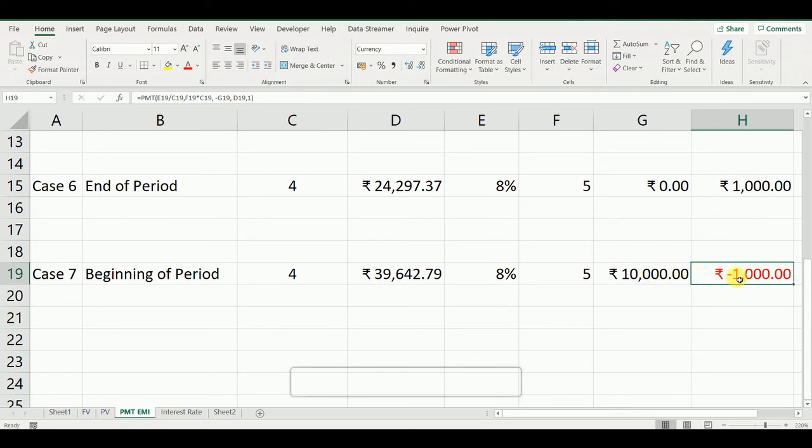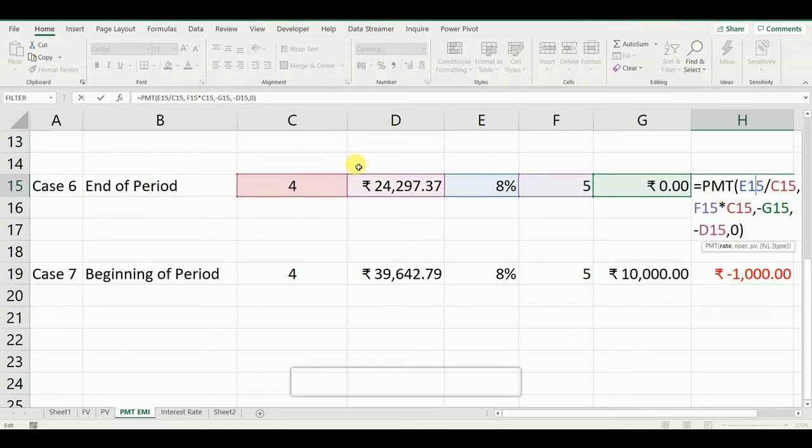So what amount we have to more invest per quarter? So that will be a cash flow from us. So now it is coming 1,000 minus, and here we are giving minus here for this formula. For future value we are already giving minus, so that's why it is coming to positive.